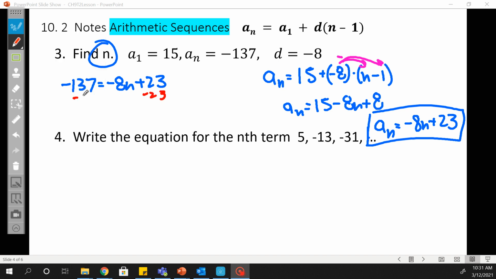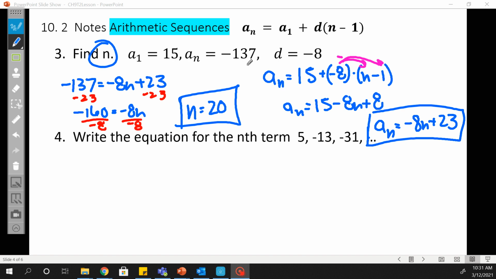So minus 23. So negative 160 equals negative 8n. Divide by negative 8. So I got n is equal to 20. So negative 137 would be the 20th term in this sequence.